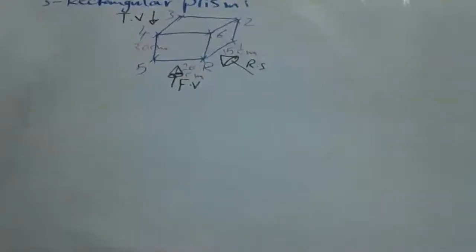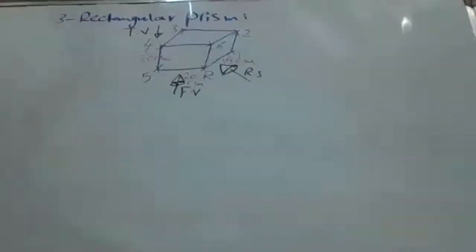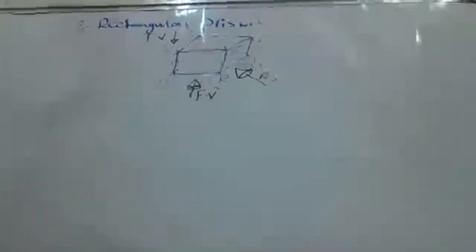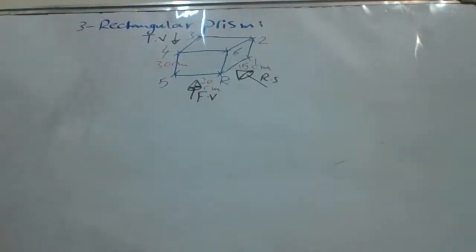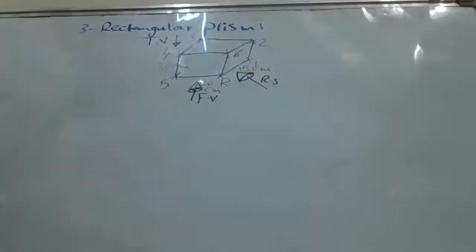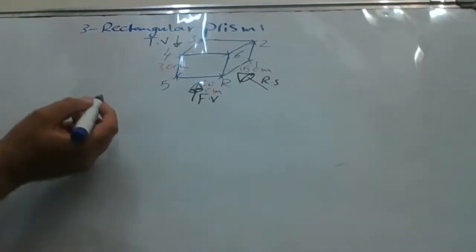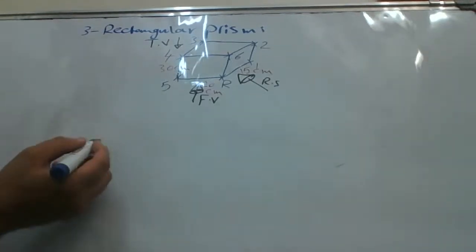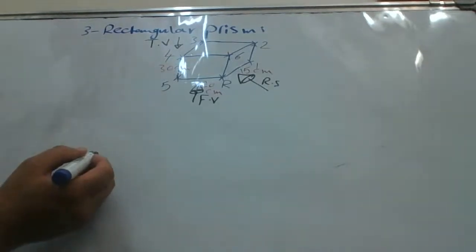Now part 3 of chapter 7 is concerned about how to draw the pictorials of shapes. These shapes are known as regular shapes.